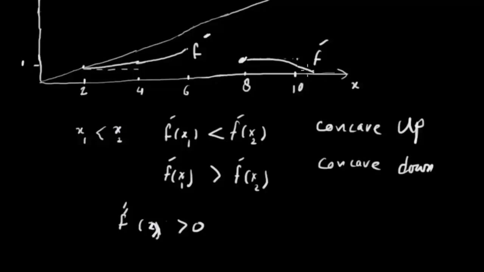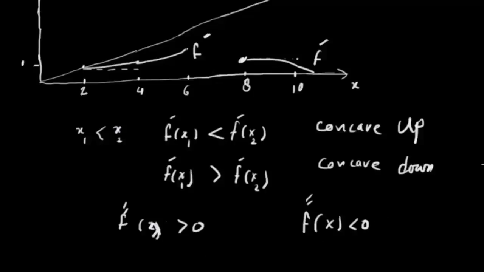And in the same way, this second case, this concave down case, since it is a decreasing function, f double prime will be less than 0. So there we have it. Concave up means f double prime greater than 0 at any point in some interval, and f double prime less than 0, on the other hand, means it is concave down.